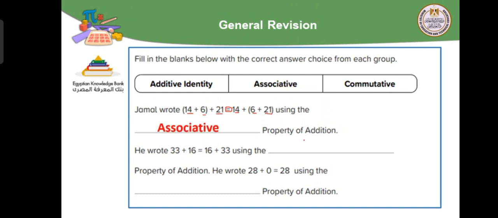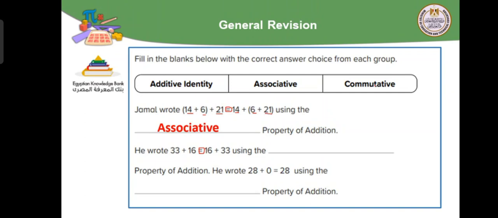Then he wrote 33 plus 16 equals 16 plus 33. Will we get the same result or not? Yes, we will get the same result. So is this using additive identity, associative or commutative? Which one is correct?